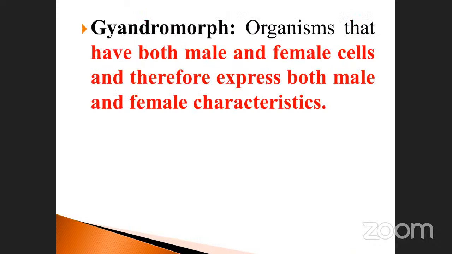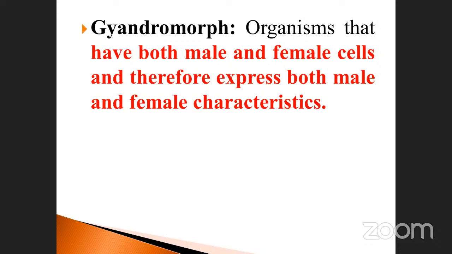And gynandromorpho. Morphologically, gynism as well as androgenism, both. Both characteristics present in an organism is called gynandromorpho. Organisms that have both male and female cells and therefore express both male and female characteristics.